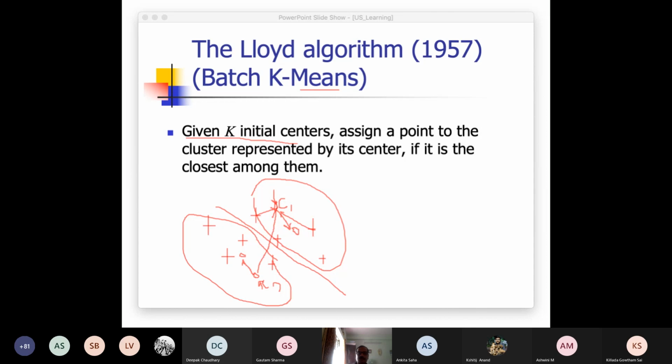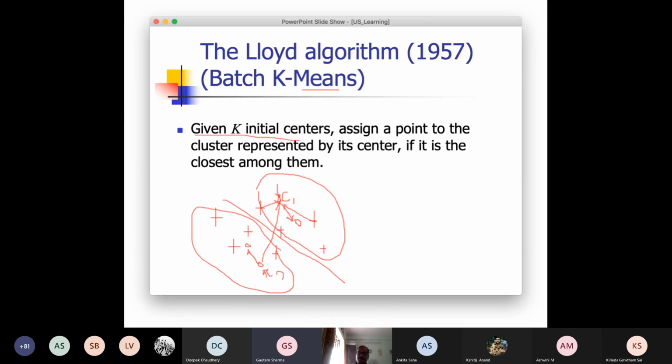Gautam Sharma. Yes, sir. So can you summarize, please? So, sir, initially we will randomly set any centers, C1 and C2, let's say. For any data point, we will calculate two distances, one from C1 and one from C2, and whichever is closest, we will assign that data point to that cluster.